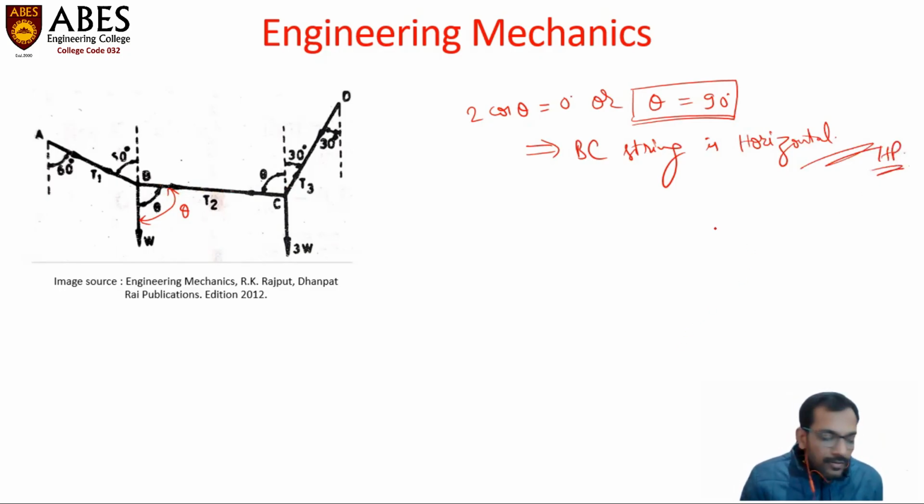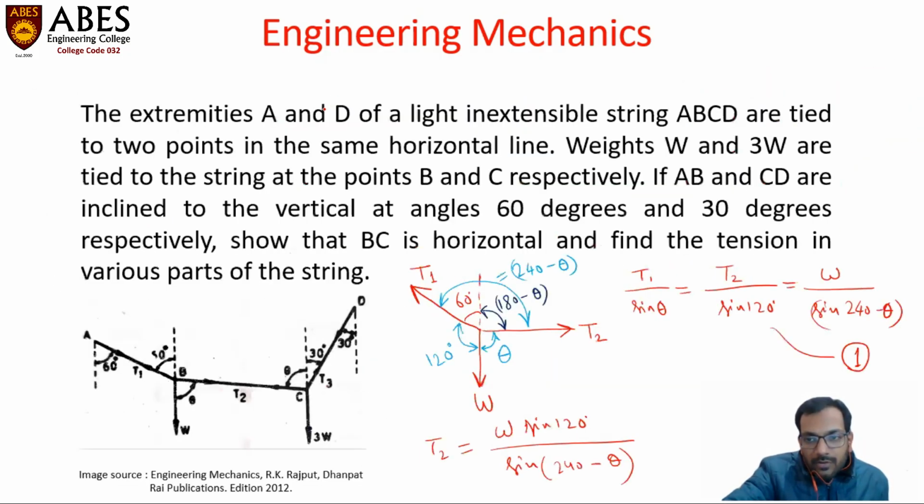Which we have proved now. Now we need to calculate the values of the forces in AB, BC, and CD. So we can calculate very easily using the formulas. Let us see what is the value of T1. T1 is equal to W sine theta upon sine 240 minus theta.